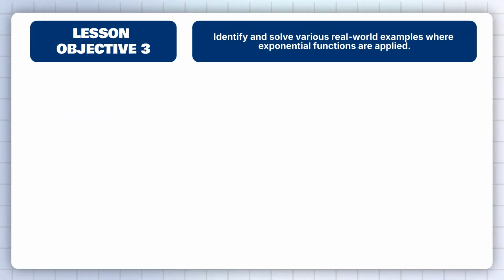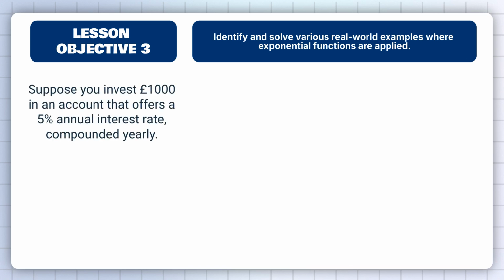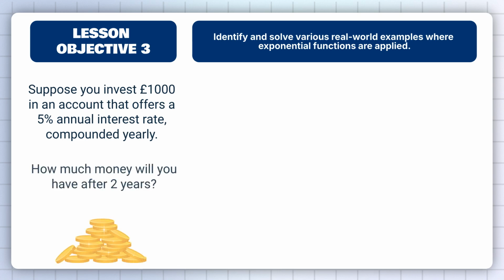For our fourth and final question, let's consider a financial example involving compound interest. Suppose you invest £1,000 in an account that offers a 5% annual interest rate, which is compounded yearly. How much money will you have after 2 years? We can use the compound interest formula, which is an exponential function where y is equal to the following.